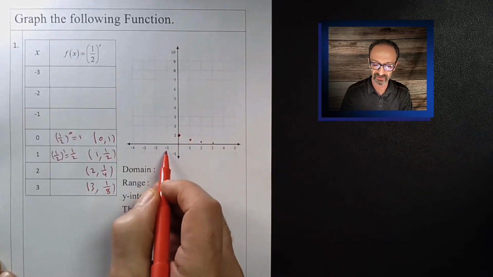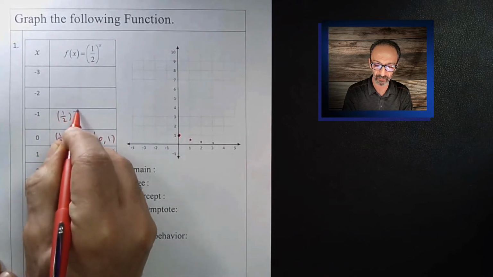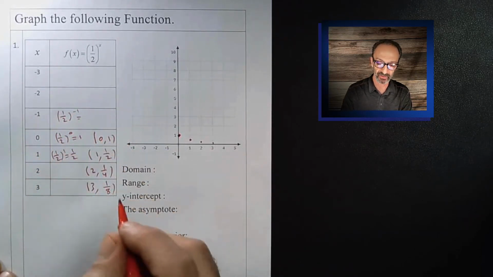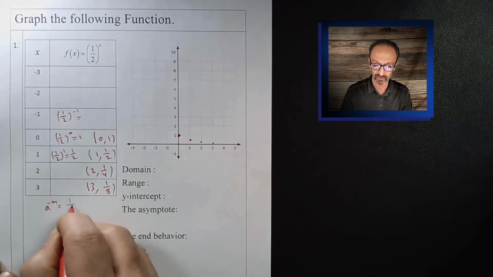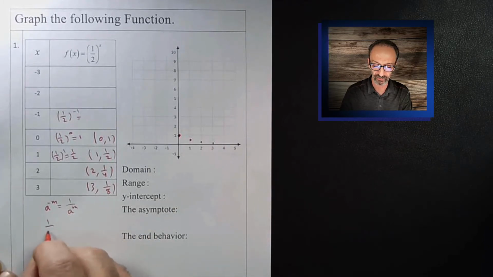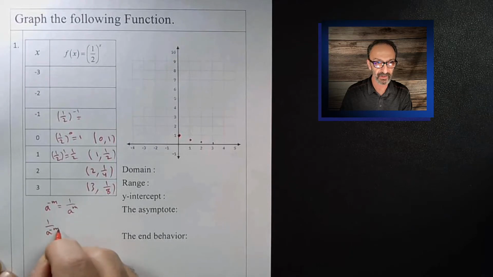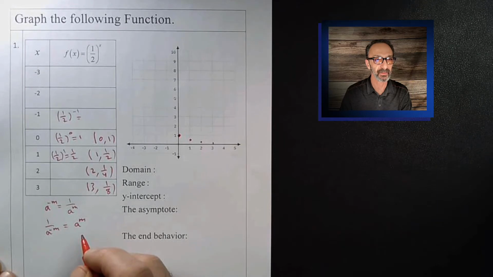Let's go to the left, -1. For -1, it's 1/2 to the power -1, and because of the rule that says a to the power minus m is 1/a to the power m, and the same thing if you have 1/a to the power minus m, that will be a to the power m.